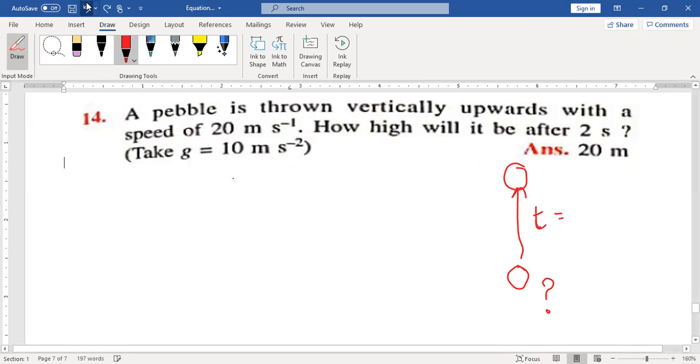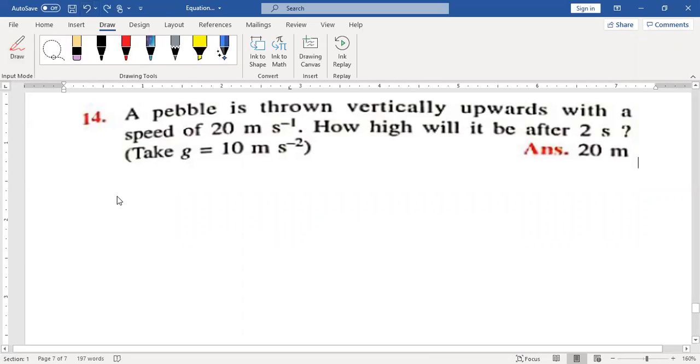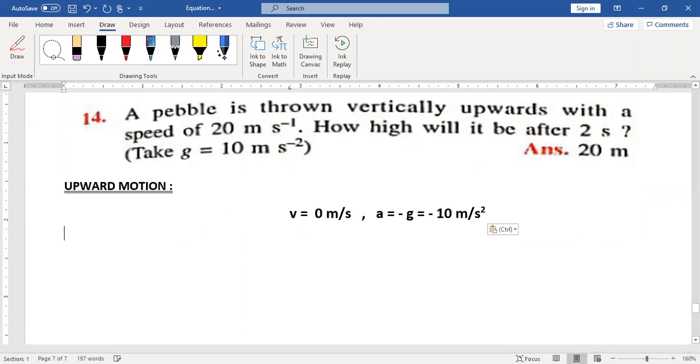So students, first of all, which kind of motion is this? This is an upward motion. It is thrown upward, so it is an upward motion. And in upward motion, we are having acceleration as minus g, while our initial velocity u is given to us.